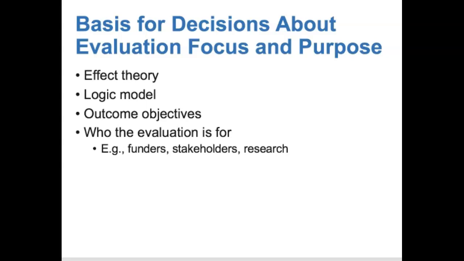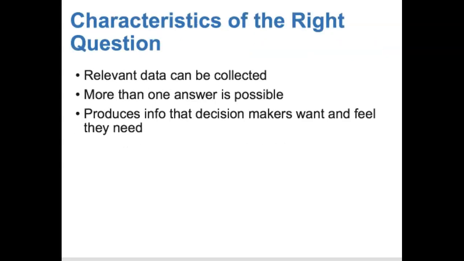Evaluations that attempt to answer causal questions are the most difficult type of evaluation to perform, but it also provides the richest information for understanding the validity of the effect theory. Evaluations should be useful, feasible, ethical, and accurate.